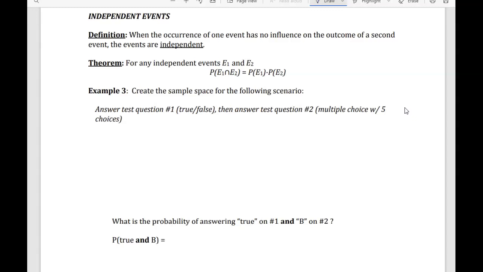So the probability of their intersection is just equal to the probability of the two multiplied together. We're going to look at some where they're not independent, and it changes up their probability. But if they're completely independent of each other, then we're just going to multiply their probabilities together.